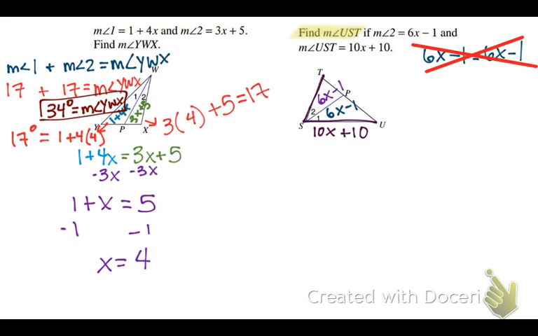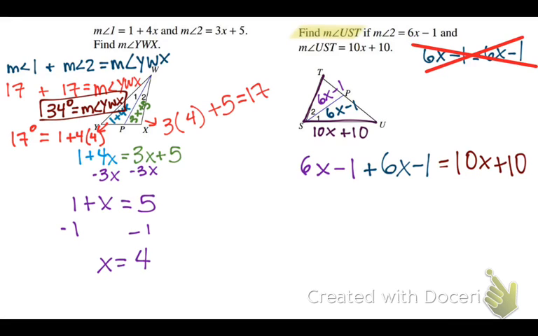We're going to add our two inner angles. We're going to add the 6x minus 1 to the other angle 1, so 6x minus 1, and they'll equal the outer angle, which will be 10x plus 10. So the two inner add up to equal the outer.